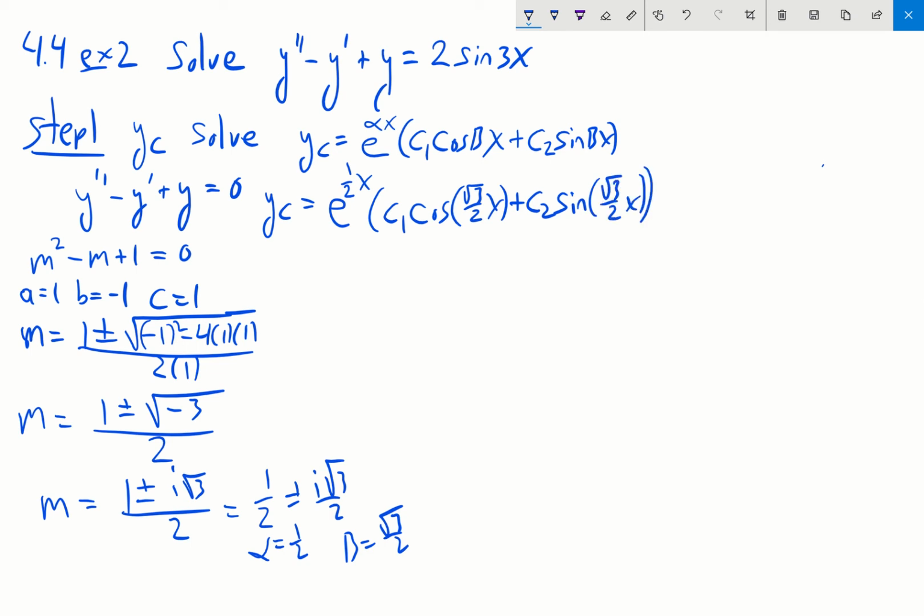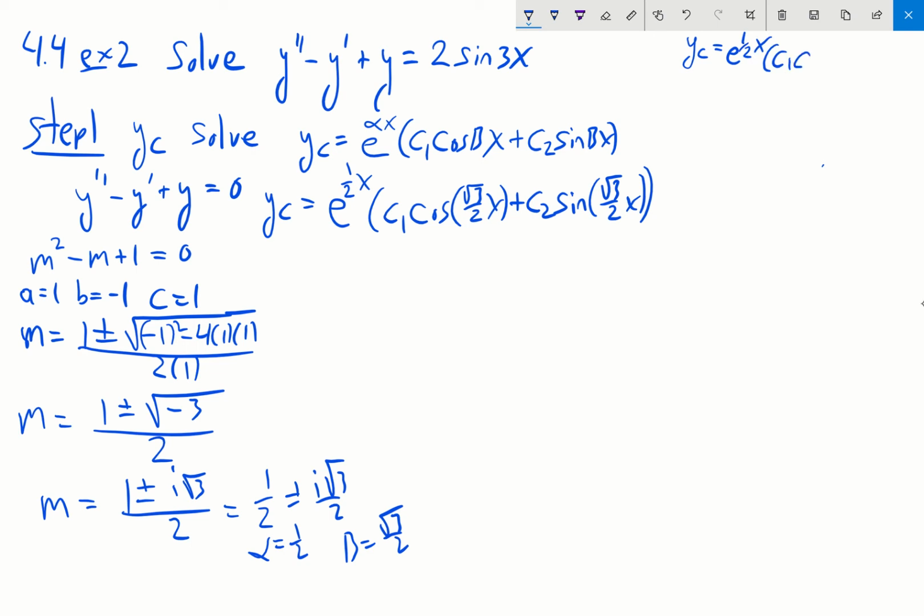And this would be our complementary solution. I'm going to write this up in the right-hand corner because we'll come back to this later, just because we're going to need a little bit of space for what comes next.